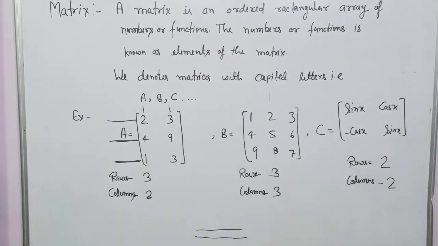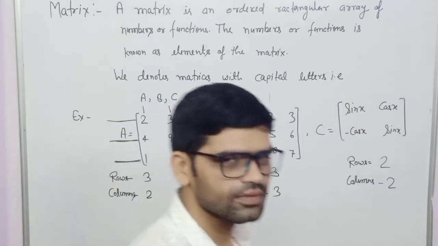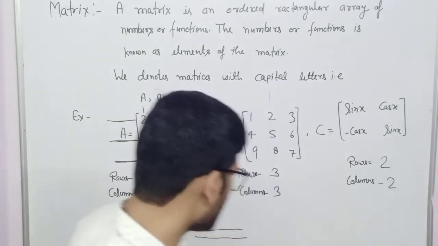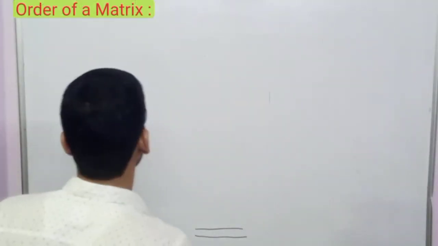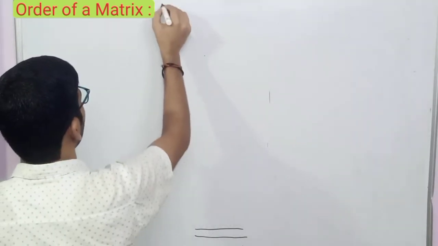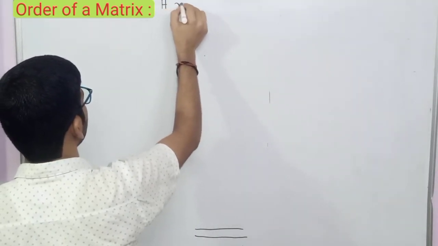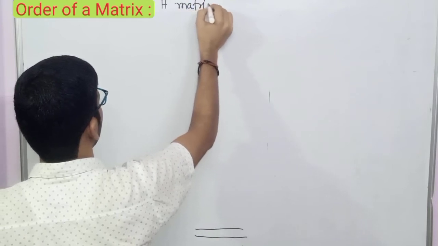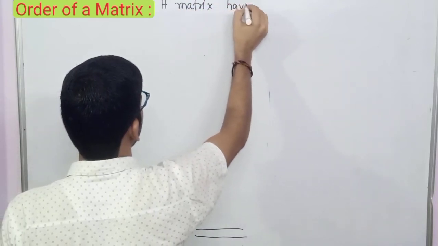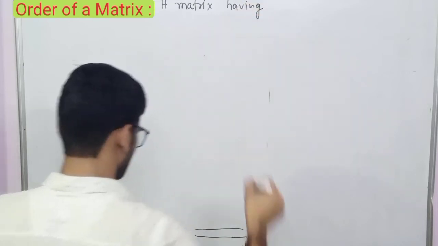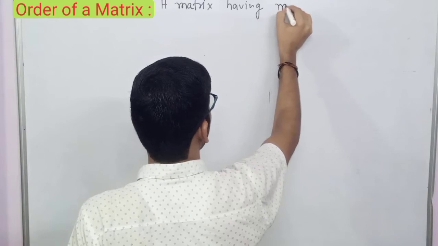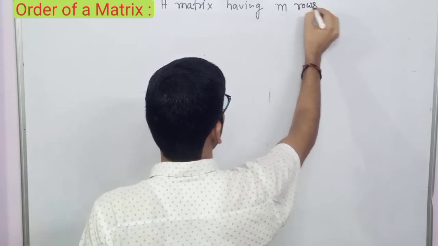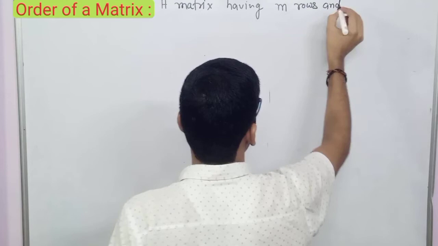So if you find here how many rows and how many columns in a matrix, okay, is it clear? And now we define order of a matrix. So you can write a matrix having m rows and n columns.